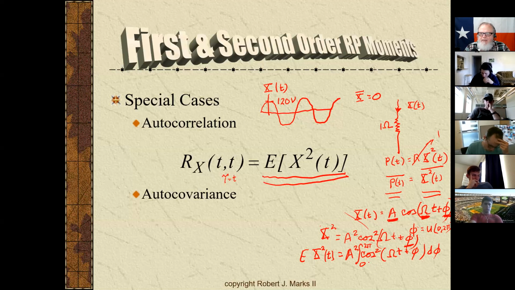No, but when we take the expected value, this should be a squared over 2 pi, right? Because this random variable goes between 0 and 2 pi, and therefore should have a value of 1 over 2 pi in order to give it an area of 1. Correct? So I need to put the 1 over 2 pi here and integrate from 0 to 2 pi.